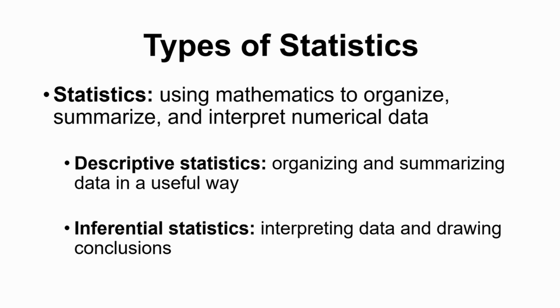So once we start looking at this, you're going to think, well, that doesn't seem like statistics as I conceptualize it, mainly because all we're going to be doing is talking about the shape of the data that we have. Inferential statistics is what most people think about when we start interpreting that data and drawing conclusions by making some inferences. So we'll make some statements based on probability, which again will come up much later on.